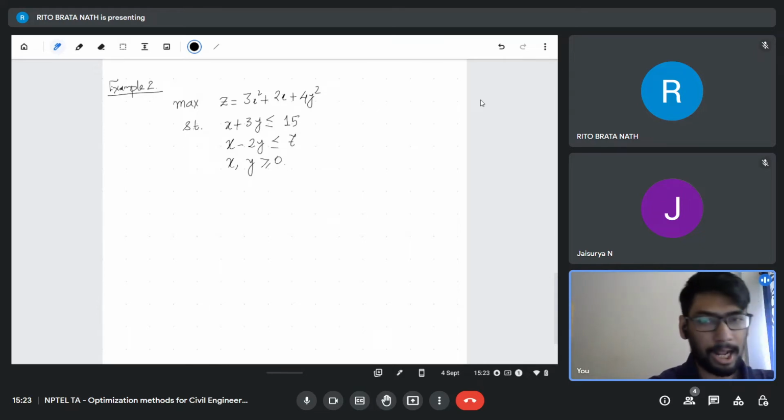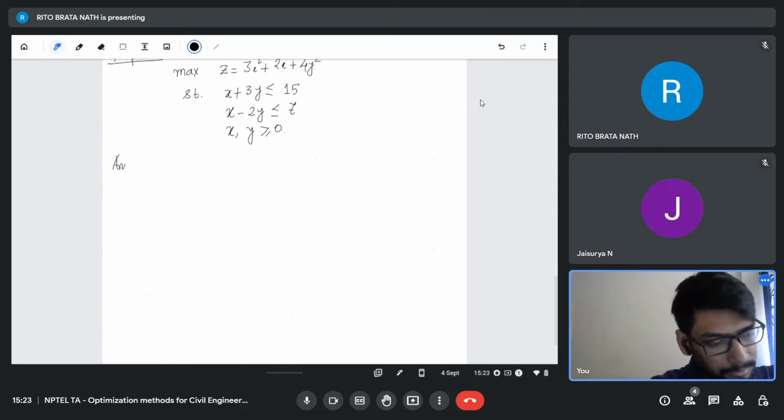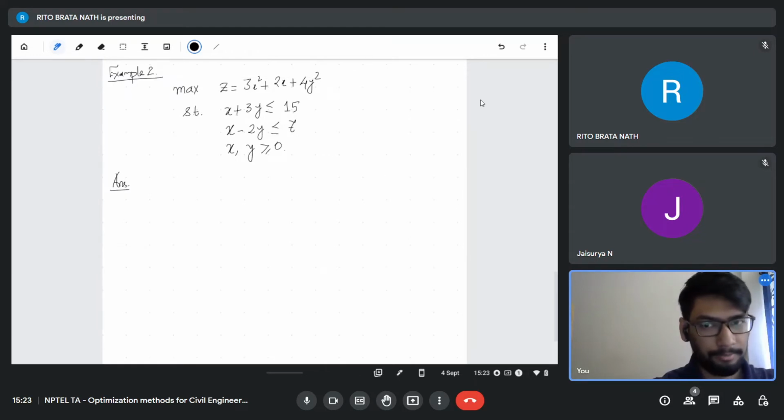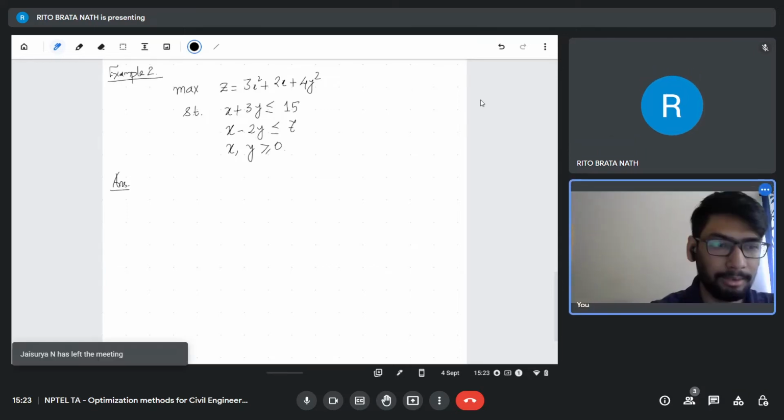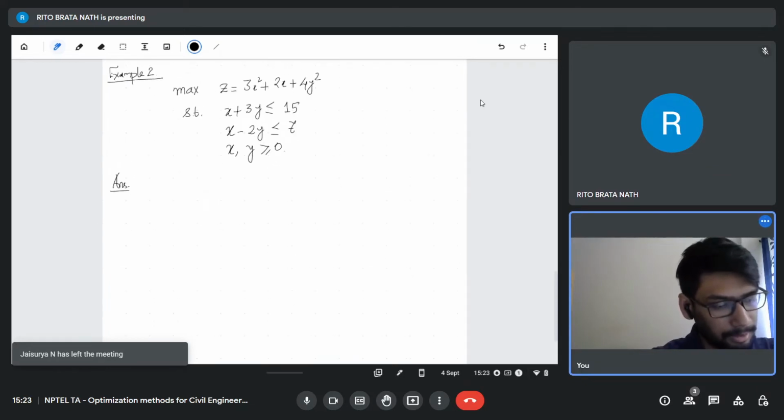So let's try and solve this problem. What's the first step in this kind of a setup? You will make a mistake if you don't convert this max to a min problem, because your Lagrangian expression is all in terms of the function being in the min form. So let's do that.